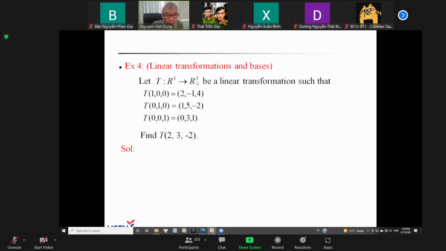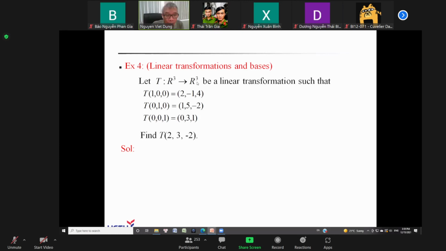Then you are required to find T of V where V has coordinates (2, -1). And the second one, the most important thing, requires you to show that T defined like that is a linear transformation from R2 into R3.